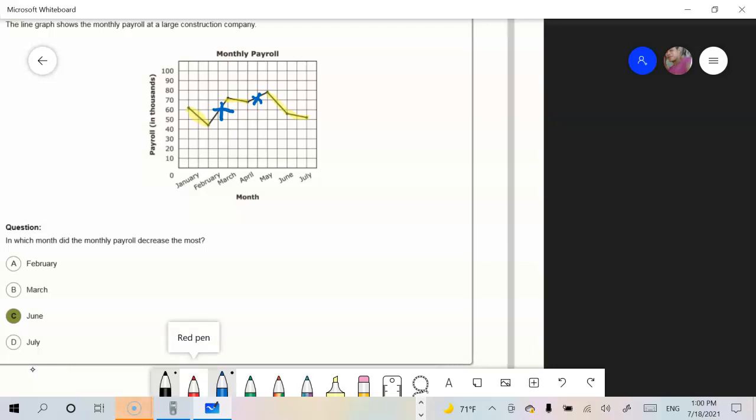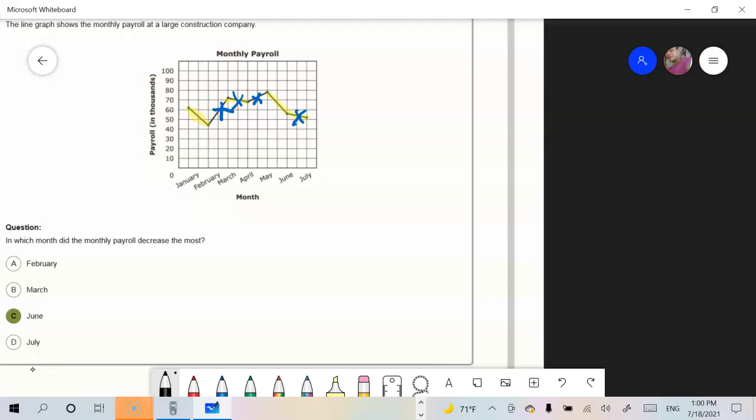But now I'm going to cross out as well this period of decrease and this period of decrease, because I can see that the biggest periods of decrease are these two. Because the slope of the line is steeper here, it goes down faster. So now I'm going to calculate which is bigger, January and February or May and June.